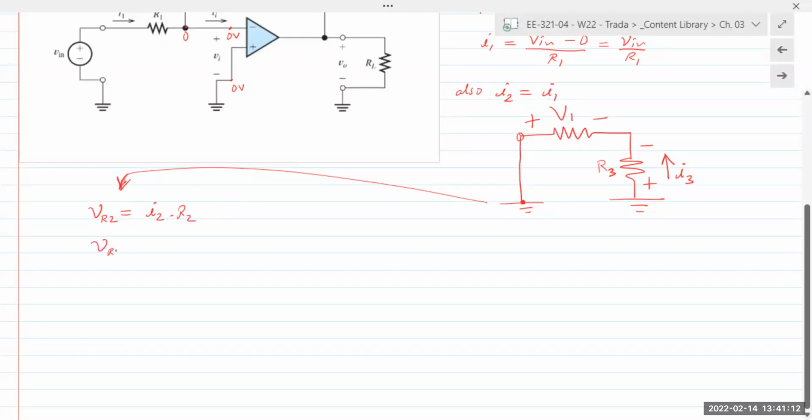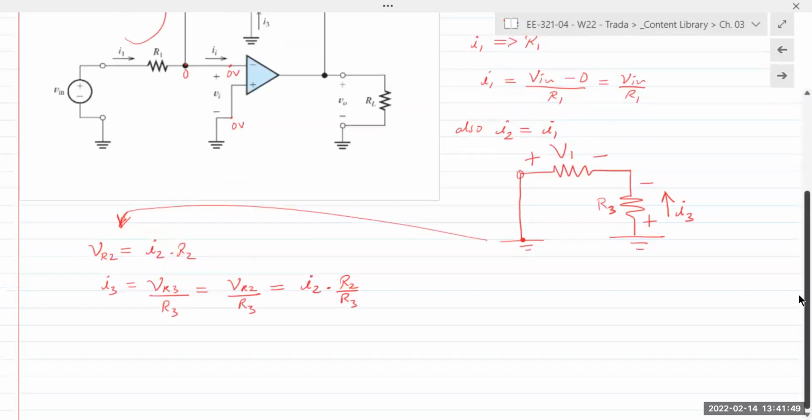Similarly, I3, the current through there, is VR3 over R3. VR3 is equal to VR2. So VR2 over R3 becomes I2 times R2 over R3. Right, the two resistor voltages are the same. And so it becomes I2 times R2 over R3.